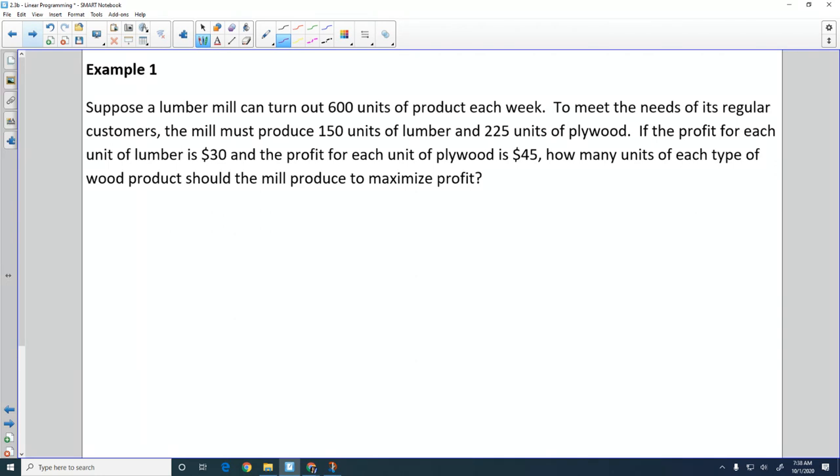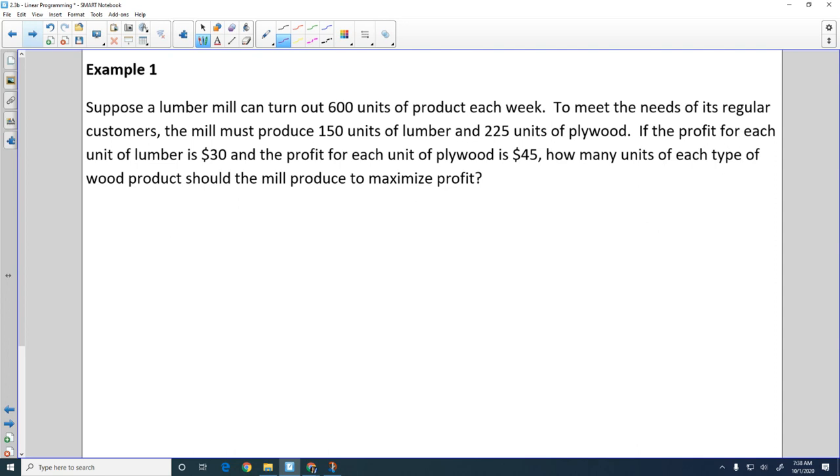So those are different types of wood that you get from trees, I guess, the way you prep it or create it or something like that. If the profit for each unit of lumber is $30 and the profit for each unit of plywood is $45, then how many units of each type of wood product should this lumber mill produce in order to maximize their profit? Okay, so that's the whole scenario.